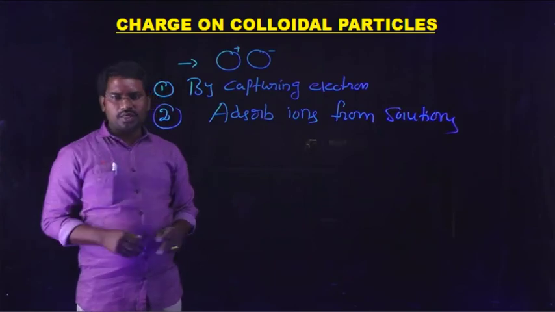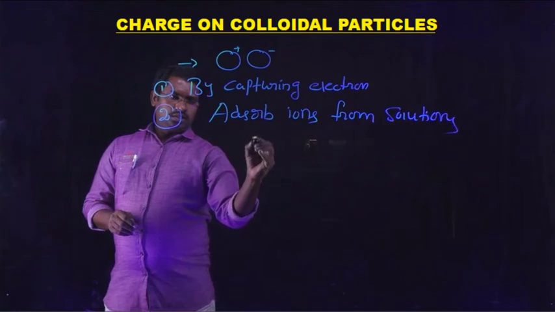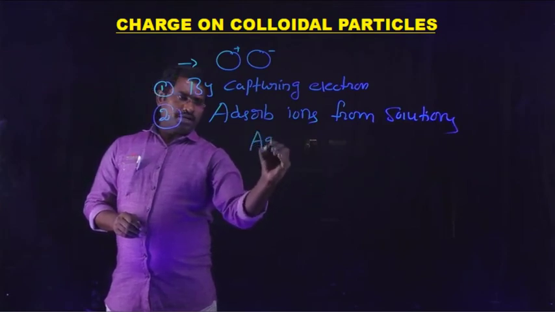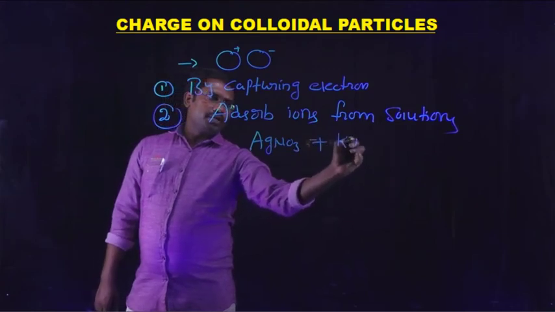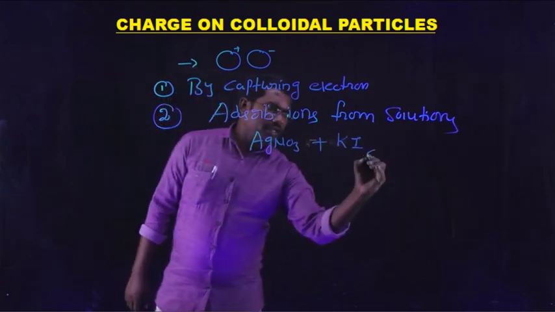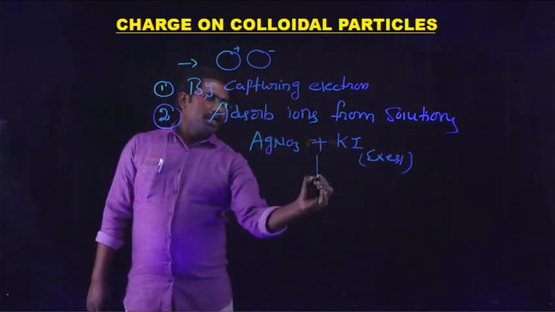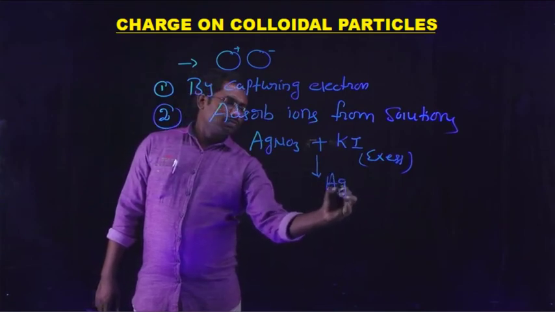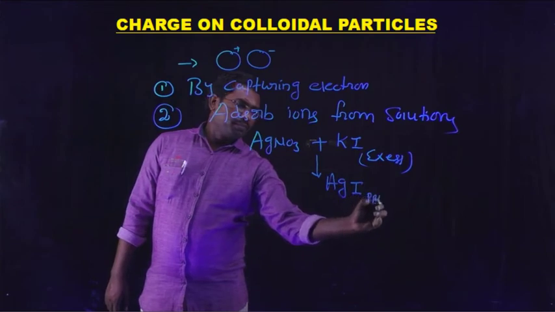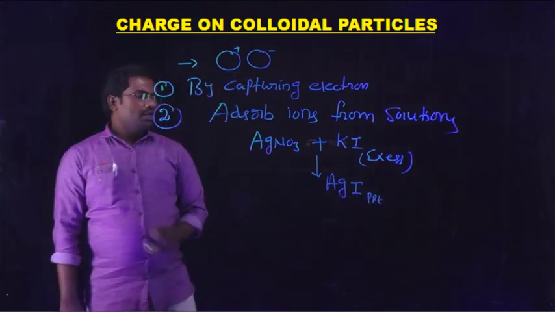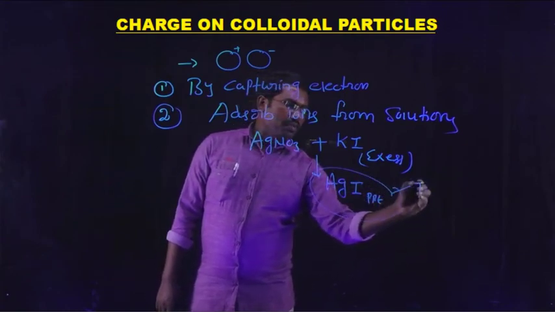This phenomenon we can clearly see with a familiar example: silver nitrate reacts with potassium iodide. Here potassium iodide is taken in excess. Silver iodide gets precipitated, and this solution of silver iodide contains more I minus ions.